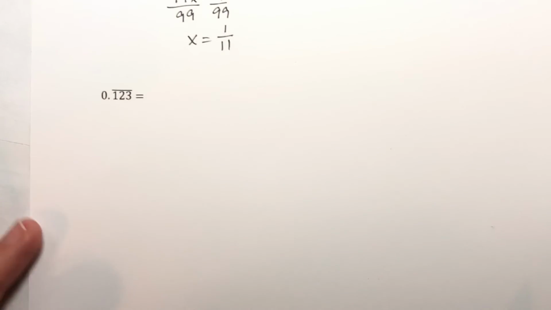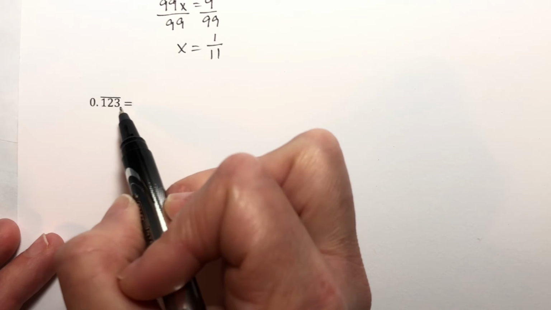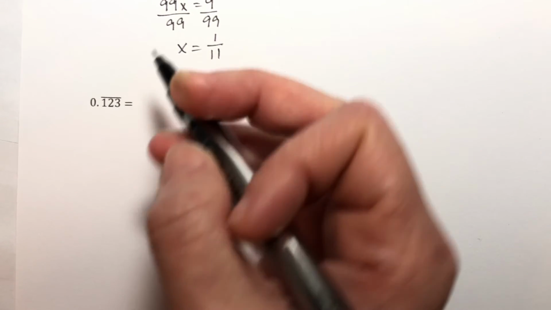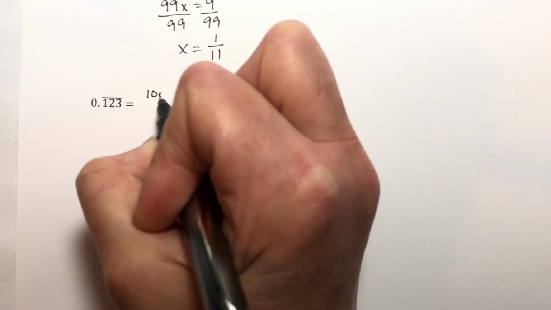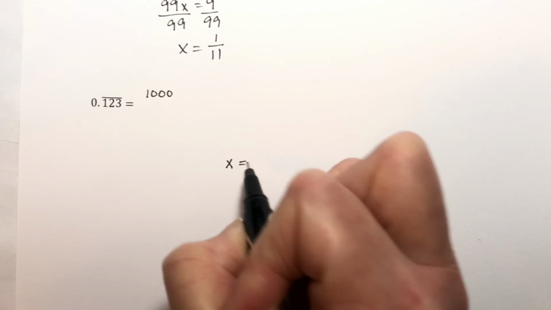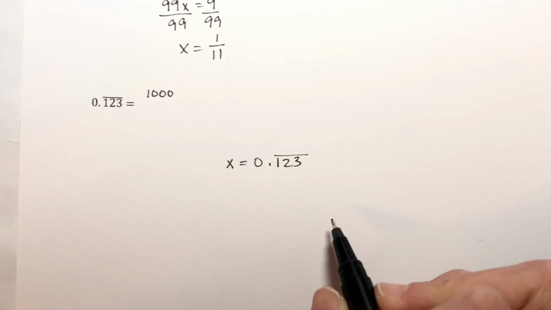One more problem, the last one in the entire course. This time we have 3 decimal places repeating, so we are going to multiply by 1,000, a 1 with 3 zeros after it. So I do x equals 0.123 repeating.